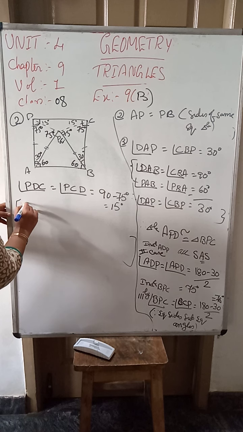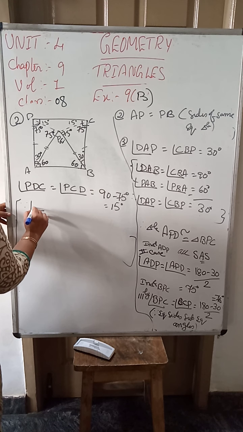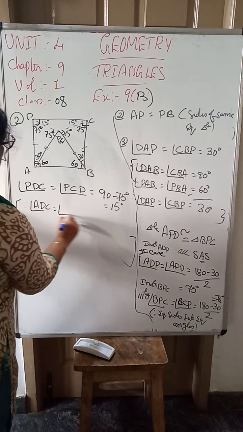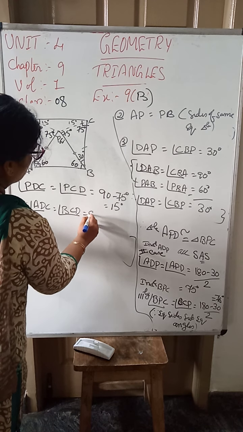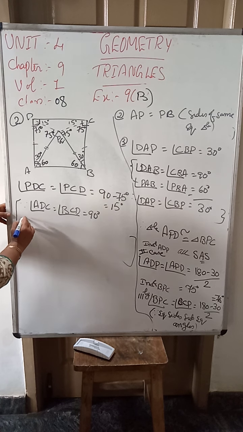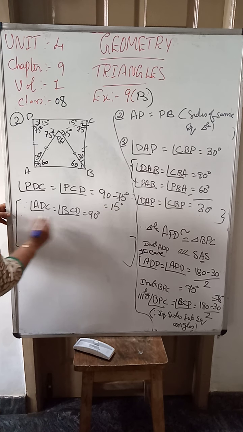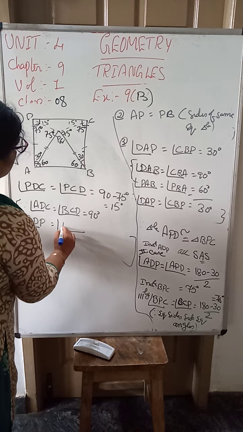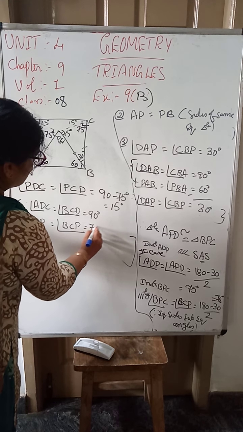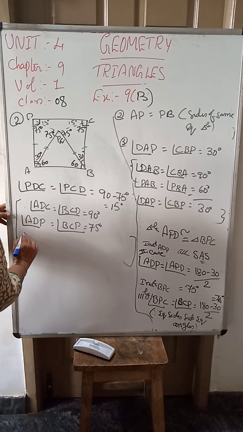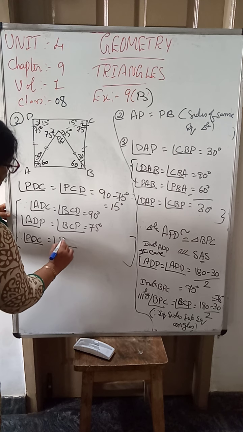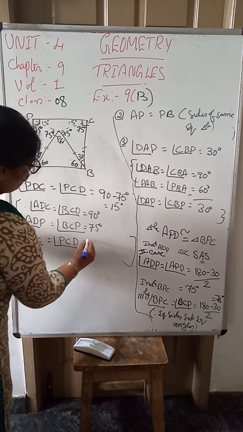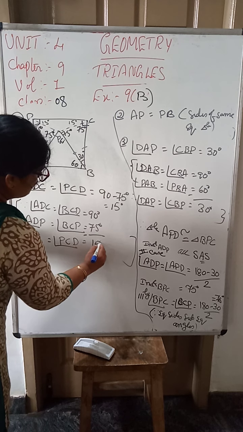Because angle ADC is equal to angle BCD is equal to 90 degree, because it is a square, and angle ADP is equal to angle BCP is equal to 75 degree. Therefore, angle PDC is equal to angle PCD, and when you subtract you will get 15 degree.